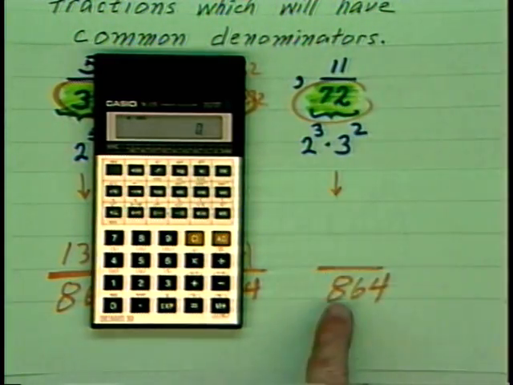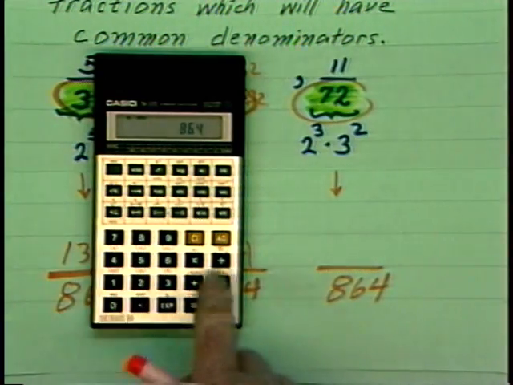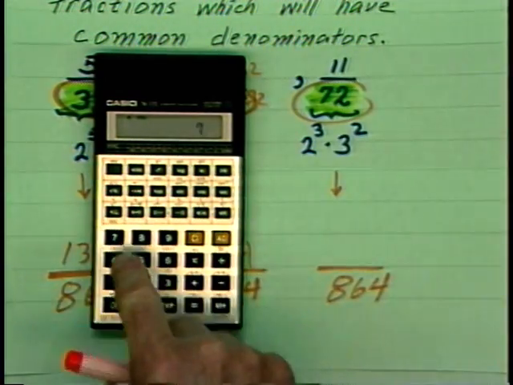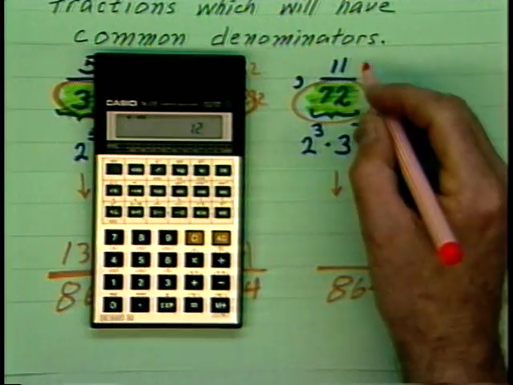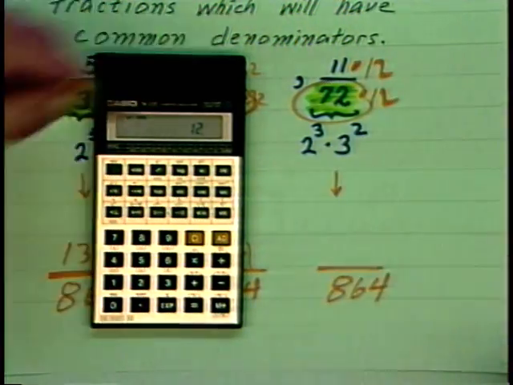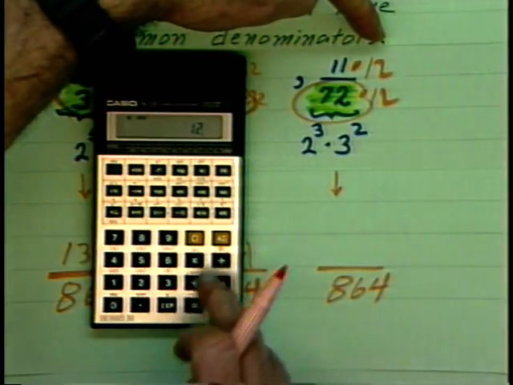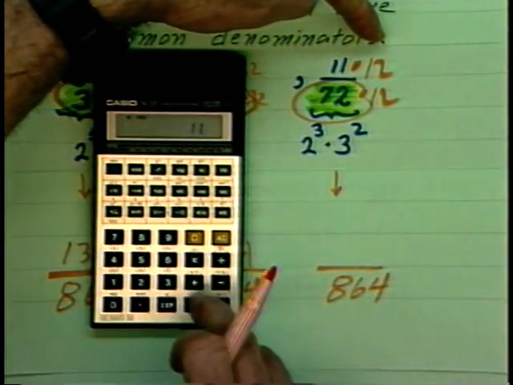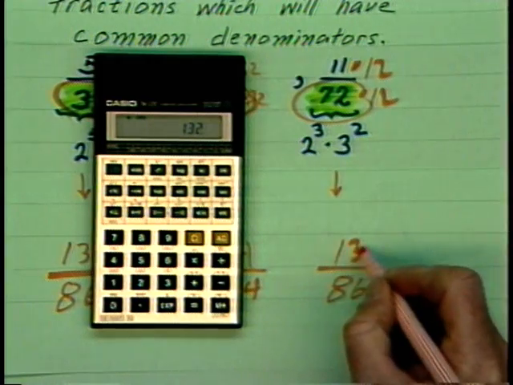This denominator divided into 864, so 864 divided by 72 equals 12. So I must build this one by 12. So 11 times 12 on top gives me 132.